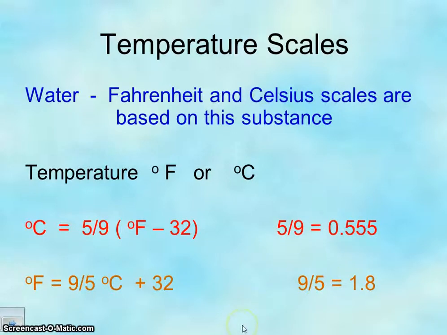Now, the other equation: if you have Celsius and you want to convert to Fahrenheit, you take the Celsius and multiply by 9/5, and then you add 32. Again, if you don't like fractions, 9/5 is equal to 1.8.